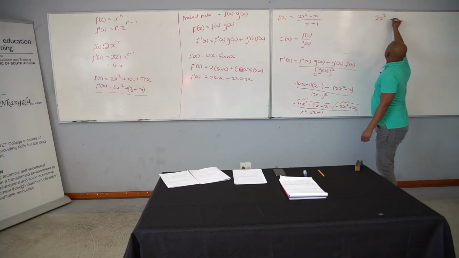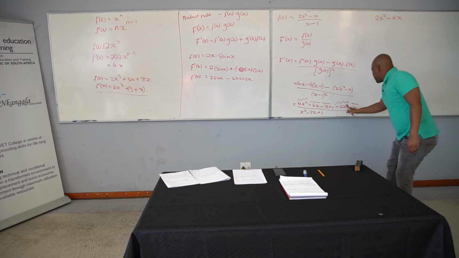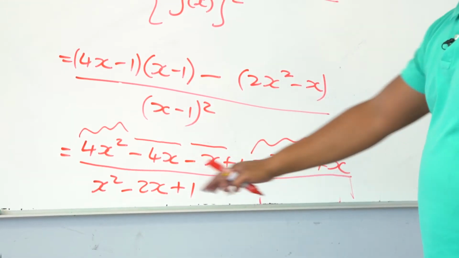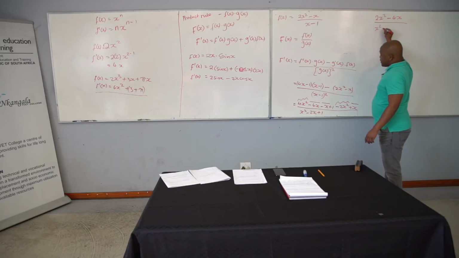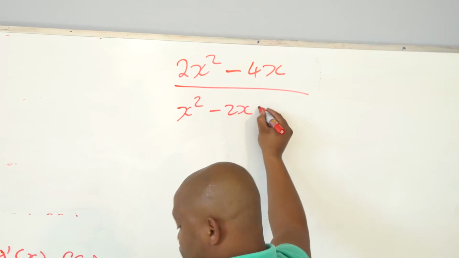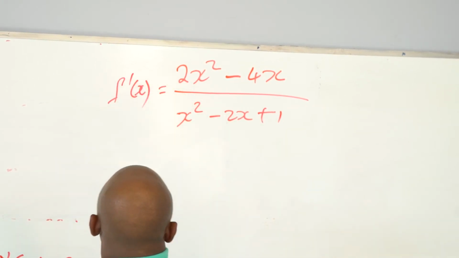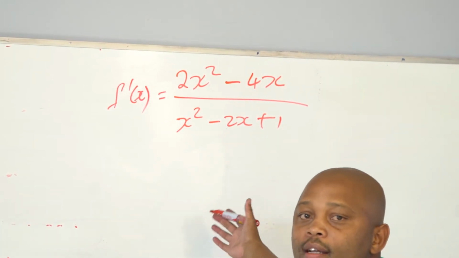So it's going to be minus 4x. Or you could have just cancelled this and this. Are there any like terms at the top? No more like terms. At the bottom, you're left with x squared minus 2x plus 1. This is equal to your f prime of x. So yeah, you can leave your answer like that.